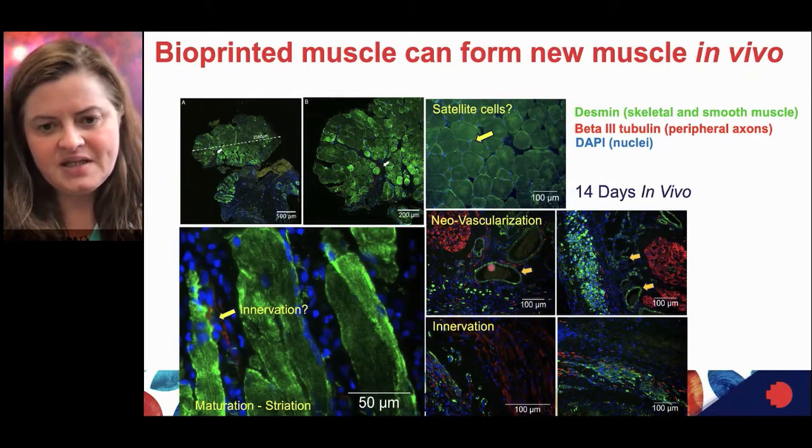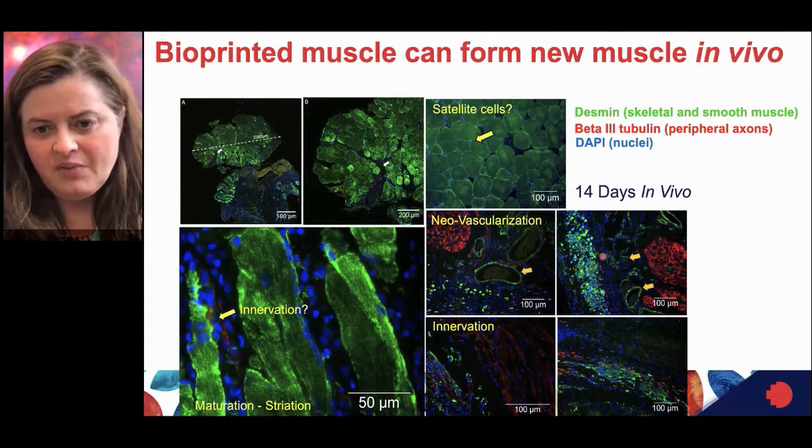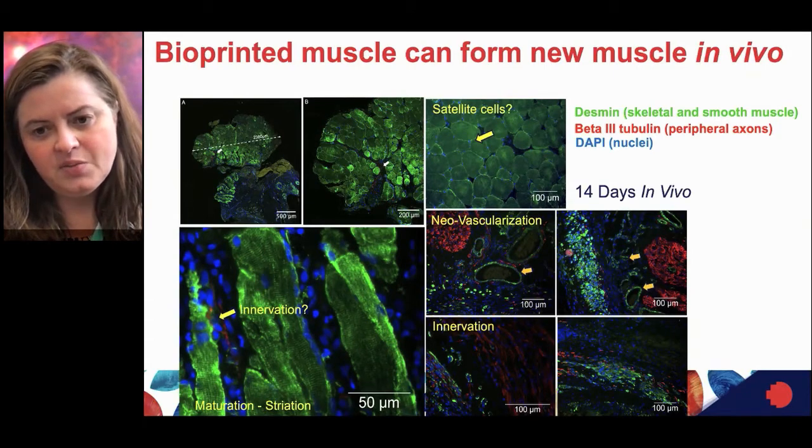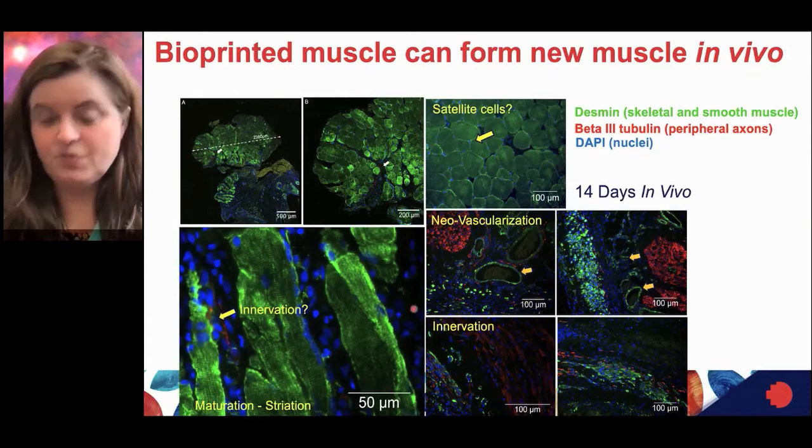You can see the vascularization in green here. You can actually see the blood cells inside the vessels as well. We also saw some innervation in red here coming up to where the printed muscle is. This green area here is the printed muscle, and you can see some little red specks, that's some nerve fibers coming up towards the muscle. So this is really promising.